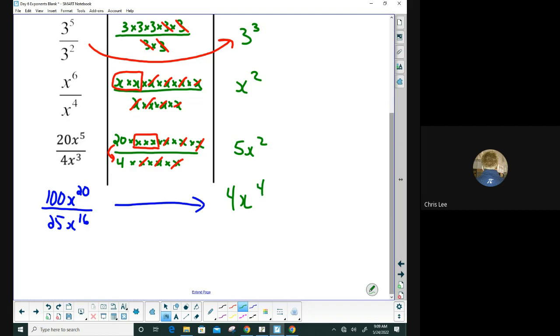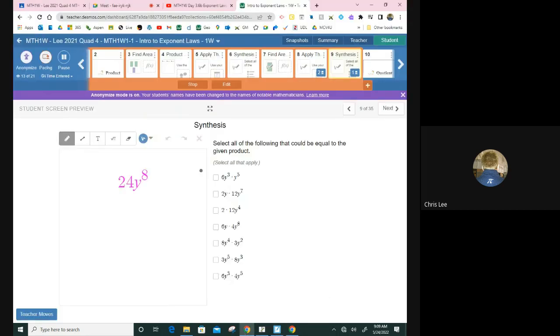All right, let's go back to Desmos and see if you can use this idea in the next part of the activity.